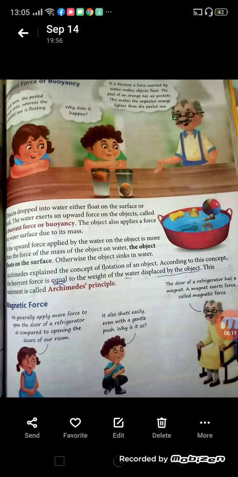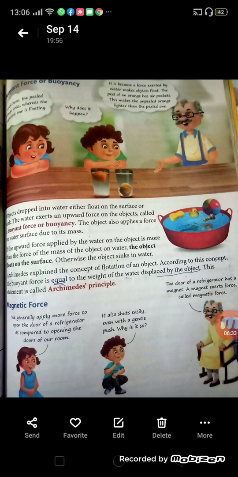Okay, beta. Now, magnetic force. Beta, sometimes you open the door of a room. You feel how much pull or push, how much force you are applying to open it.